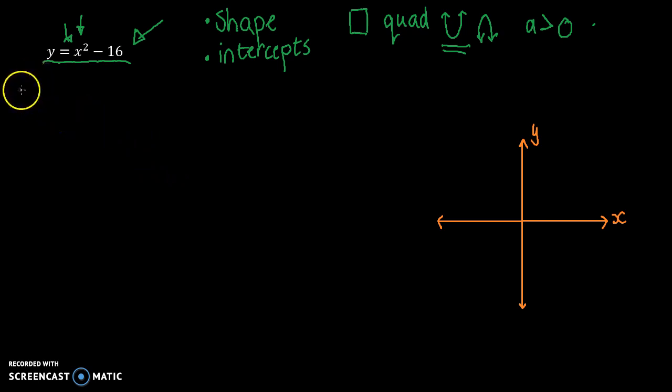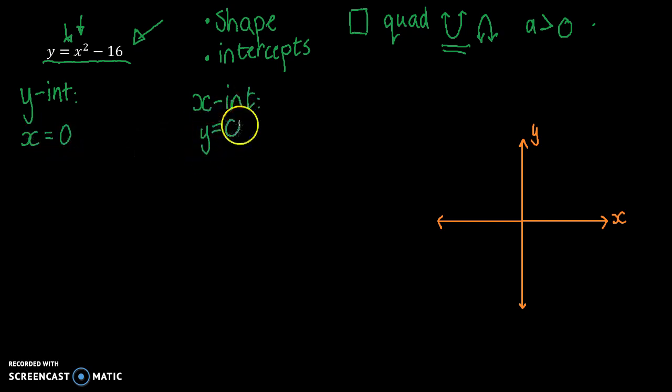Now, in this case, and every single other case, we are going to look for our y-intercepts, and we're going to look for our x-intercepts. In order to find the y-intercept, we've got to make x equal to 0, and in order to find the x-intercept, we've got to make y equal to 0.